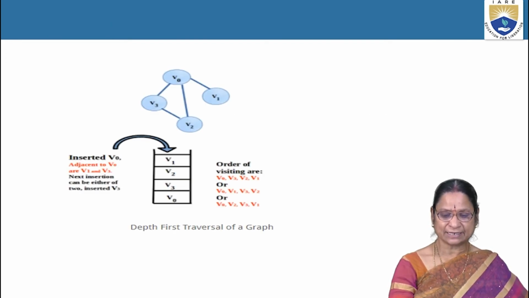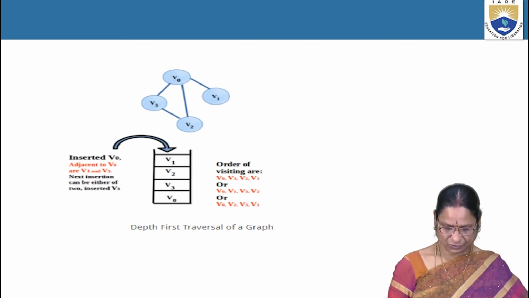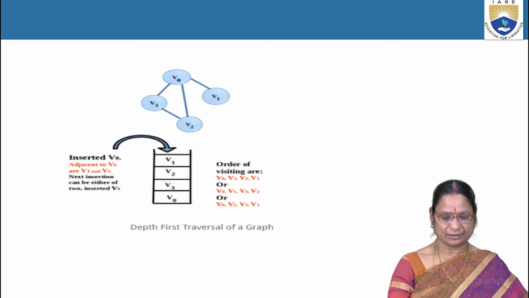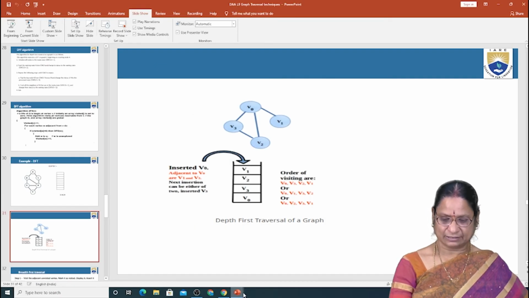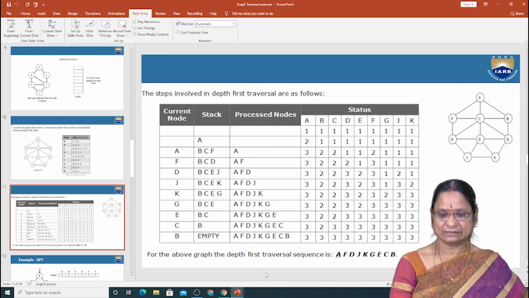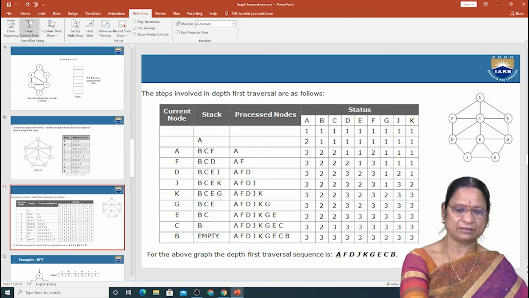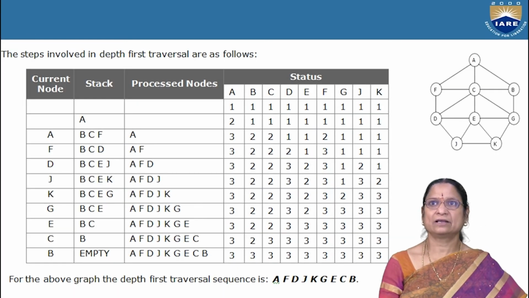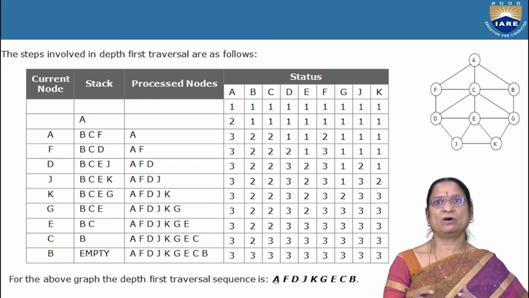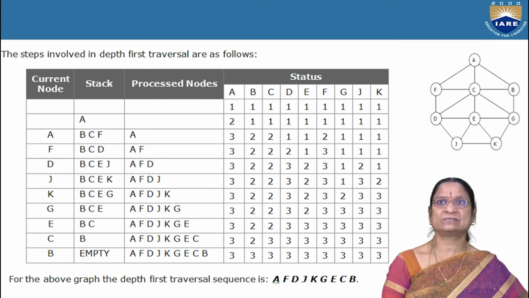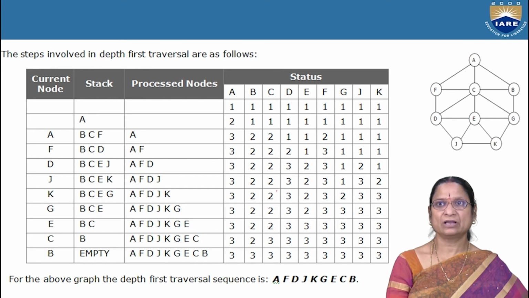I'll consider one more example. This process is continued as in the previous case. Whenever we push, the status is changed to 2, and whenever we pop and consider its adjacent nodes, we make it 3.